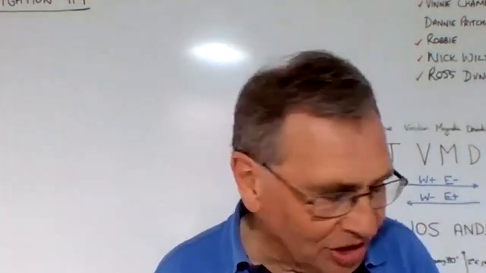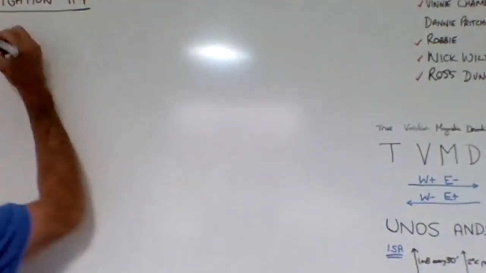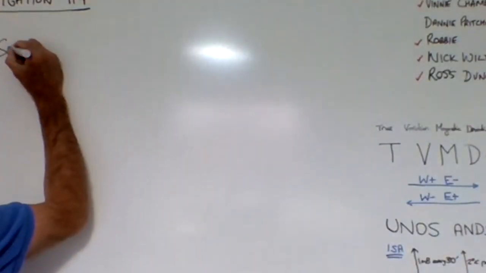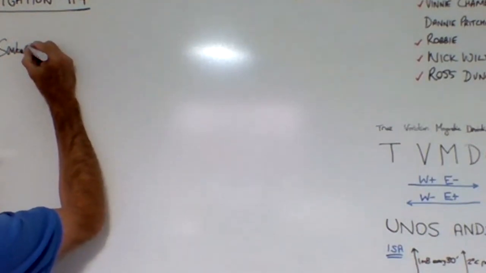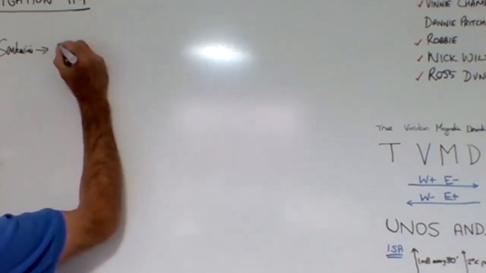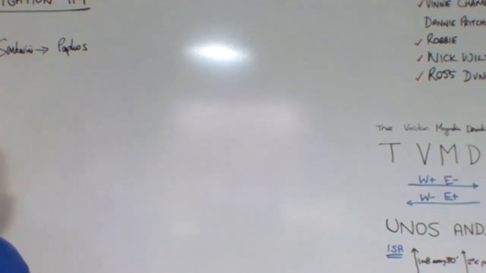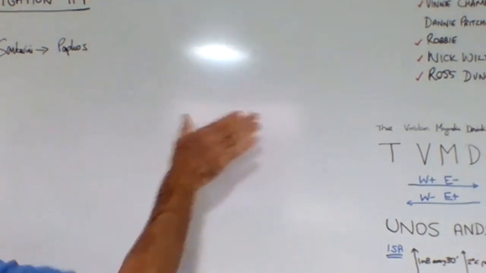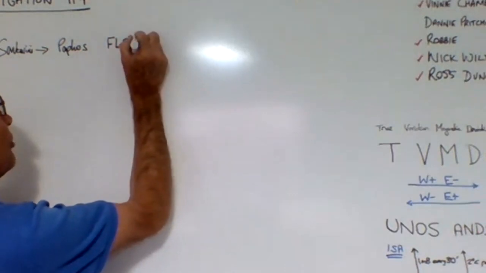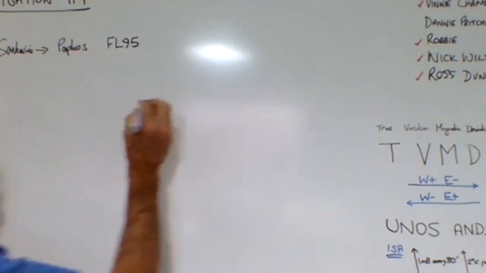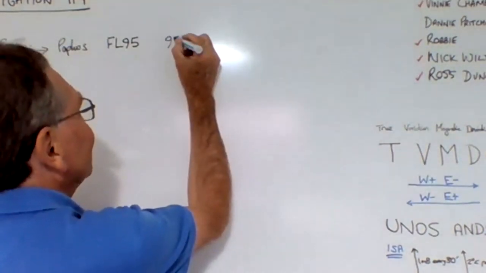So we've already said that if we're flying from Santorini to Paphos, we're probably going to be looking for flight level 95, in other words, potentially 9,500 feet.